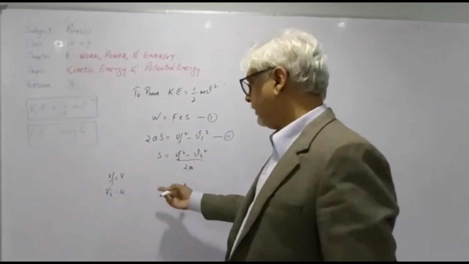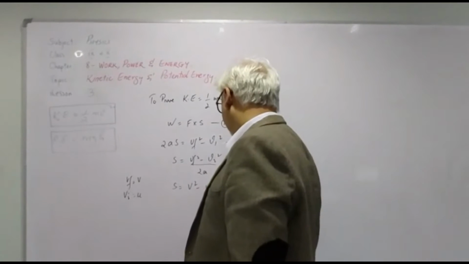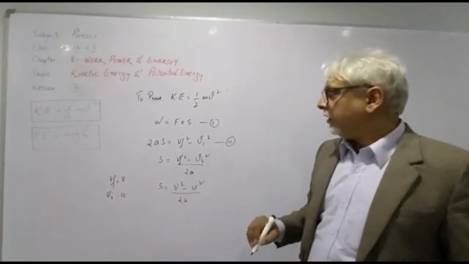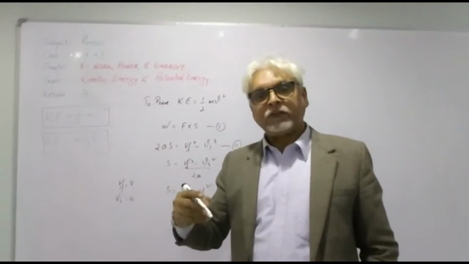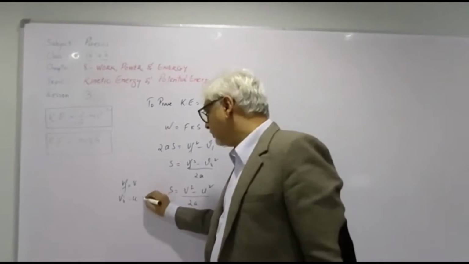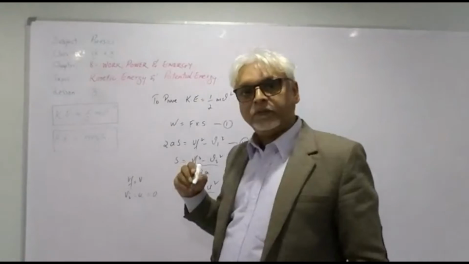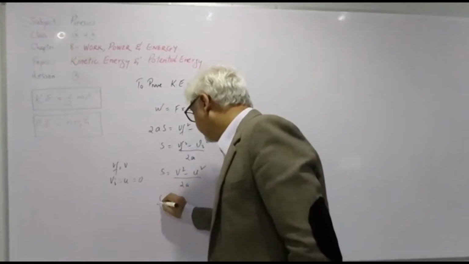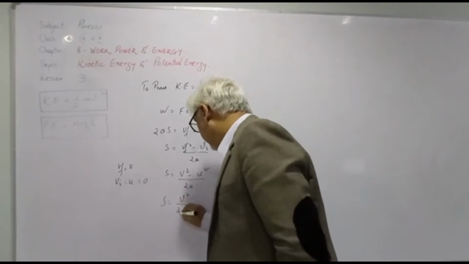So if I use this, I'll get s is equal to v squared minus u squared upon 2a. Now, when a body starts from rest, its initial velocity u is equal to 0, and then it moves with a velocity v. So if I substitute the value of u as 0, I'll get s is equal to v squared upon 2a.